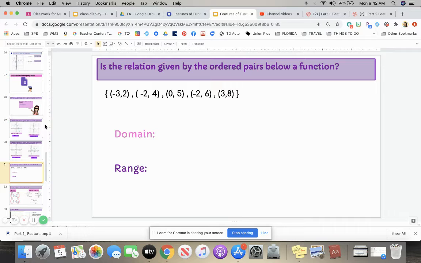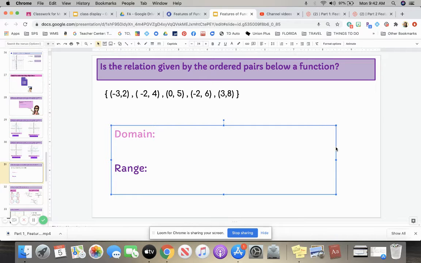All right. Is the relation given by the ordered pairs below a function? Let's find our domain. That's all of our x values. We have a negative 3, a negative 2, a 0, negative 2 again, and a 3. So right now I'm already seeing that I have 2 negative 2's popping up. And my range is 2, 4, 5, 6, and 8.